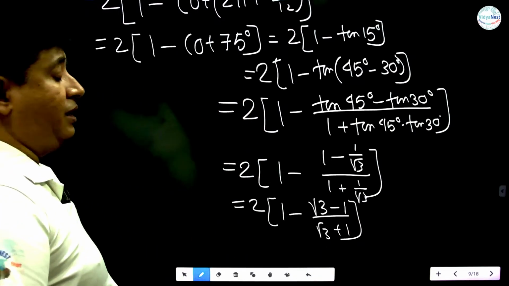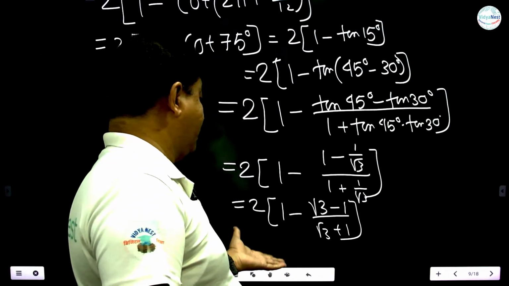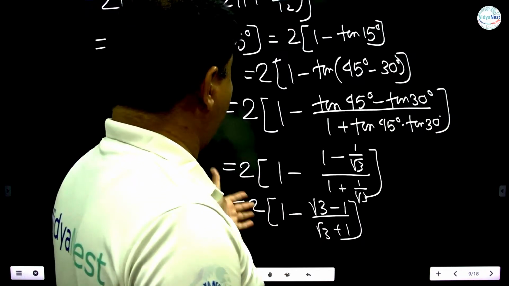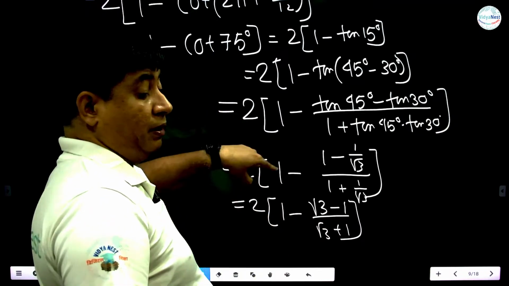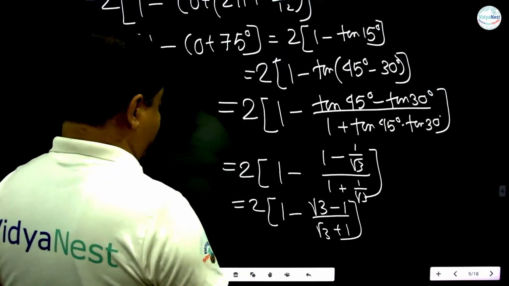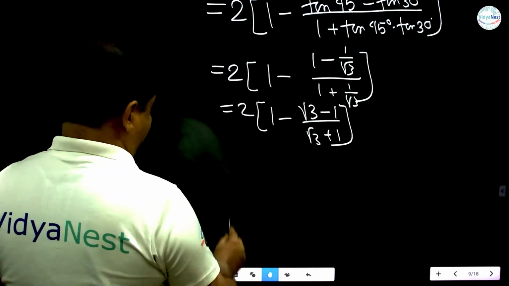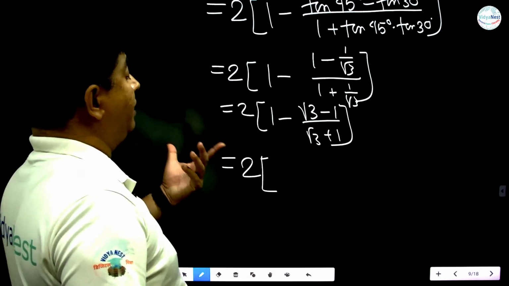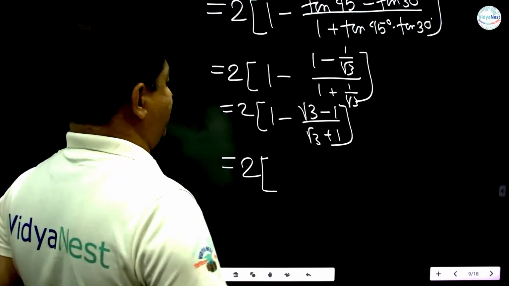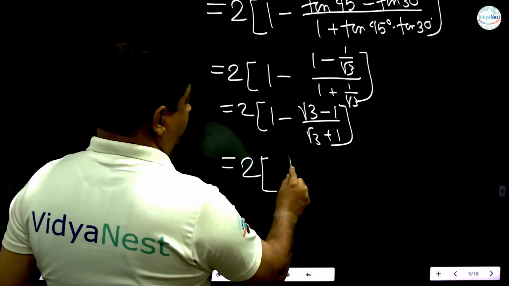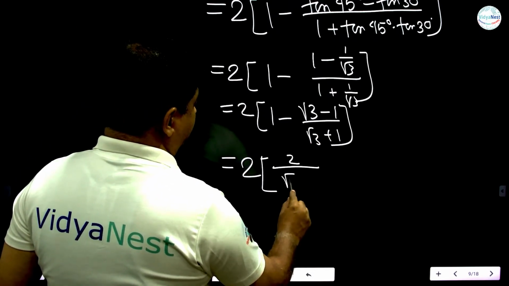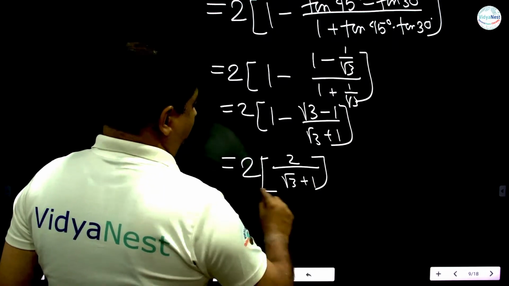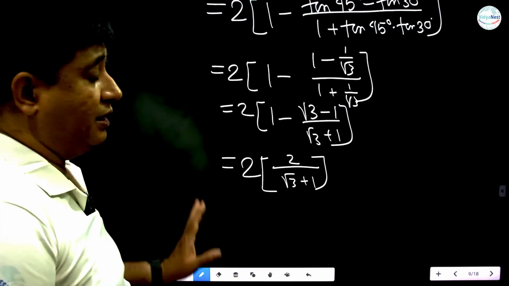Shall I leave the sum at this stage, or let us take the LCM and see where it terminates. At the end we'll check which answer it matches. So 2 by (root 3 plus 1). Maximum simplification, I think, is done.